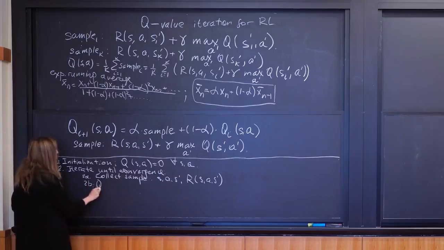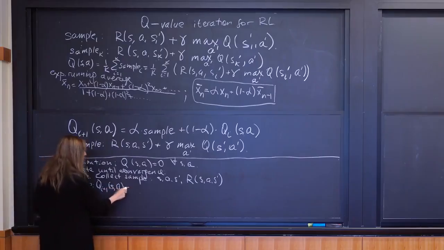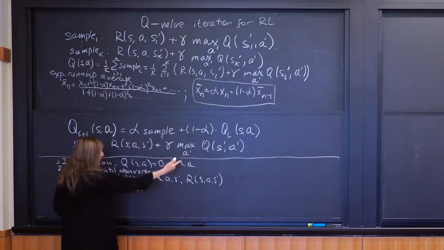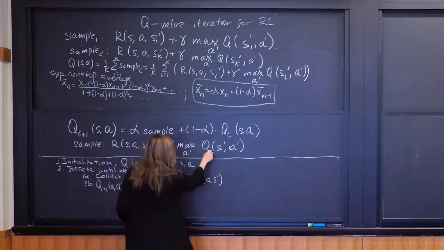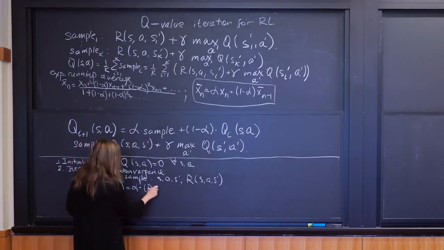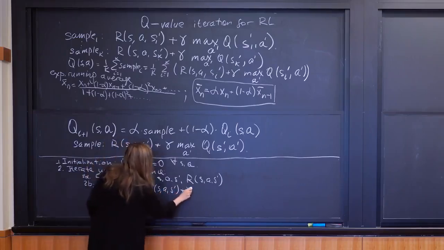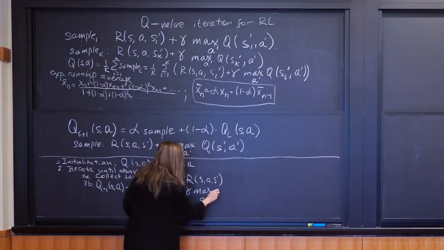So we're going to write Qi plus 1 of s, a equals alpha multiplied by, and here I would write directly for you the whole sample. And I see that the i is missing, so I'm adding the i. R(s, a, s prime) plus gamma max over a prime.